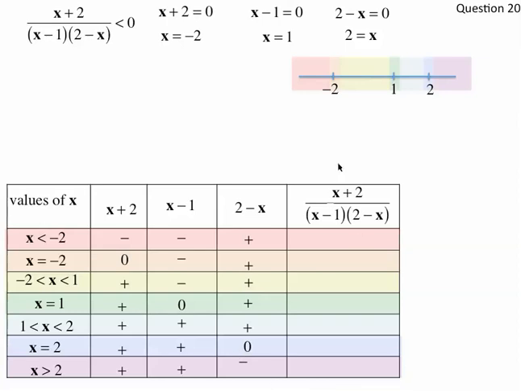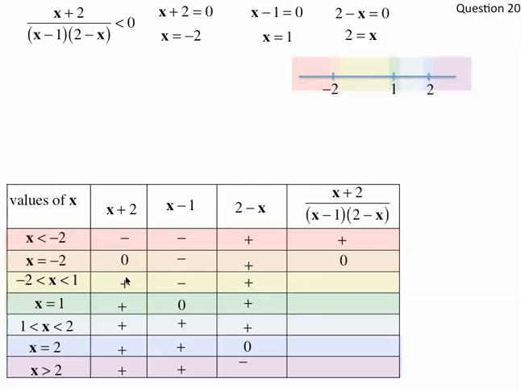All right, so now we're going to look at the whole thing together. The numerator is this column, and the denominator is the result of multiplying these two columns together. So we have a negative divided by negative times positive, which is negative divided by negative, which is positive. If you have an even number of negatives in your multiplication and division, it's going to be positive, provided that we don't have these zeros. 0 divided by anything is 0.